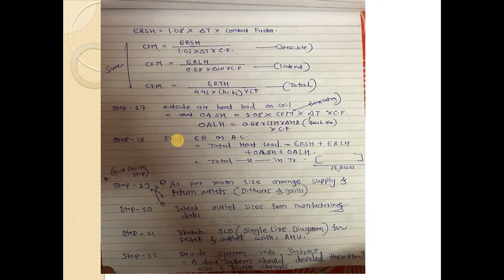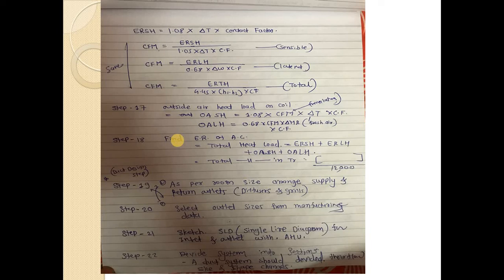And the total CFM is calculated using the formula ERTH upon 4.45 into H1 minus H2 into the contact factor. So these are the important formulas of the CFM calculation.